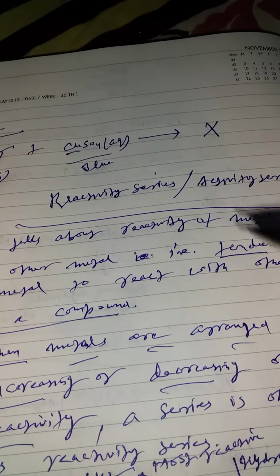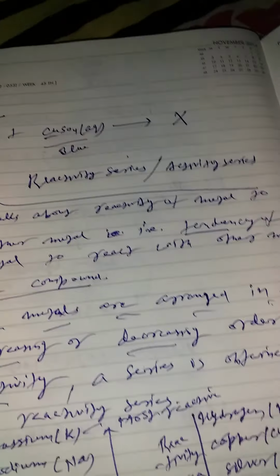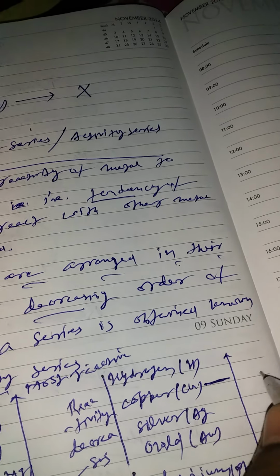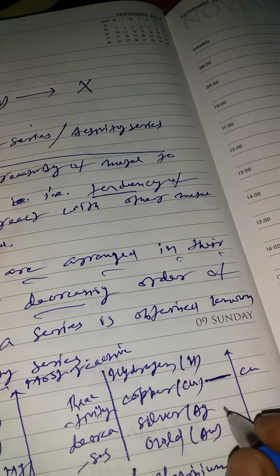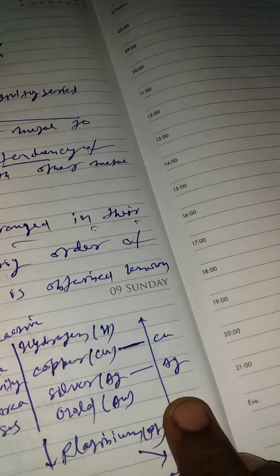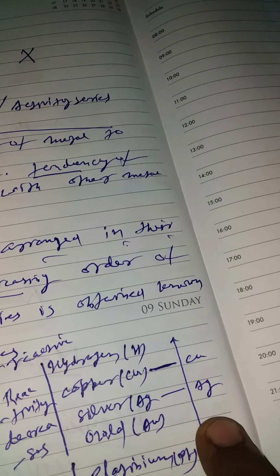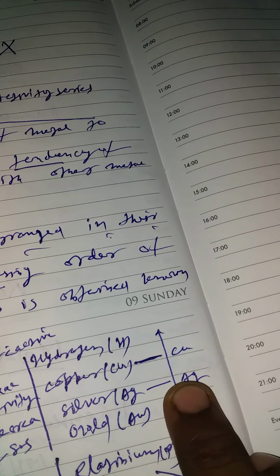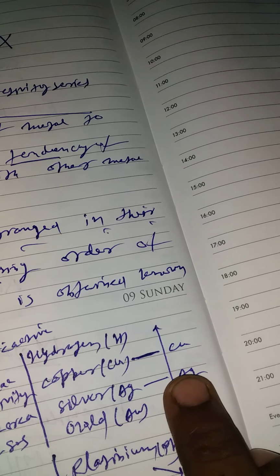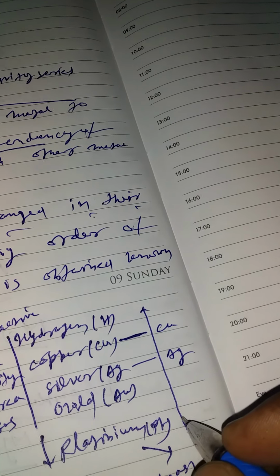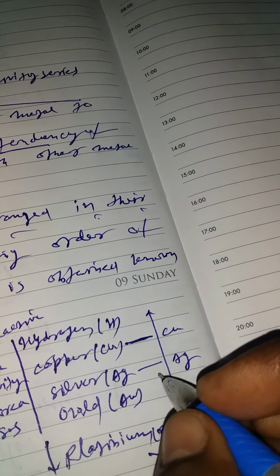Here, for above example, copper and silver. We see that in the reactivity series, copper is above silver, and upward direction represents the reactivity of substance increases. So copper is more reactive than silver. That's why displacement is not possible.